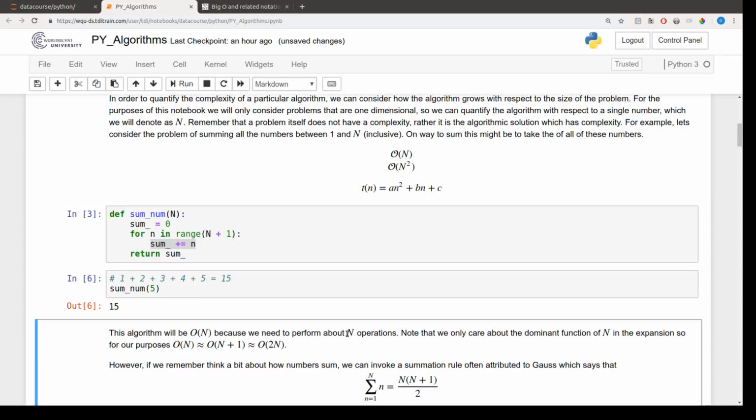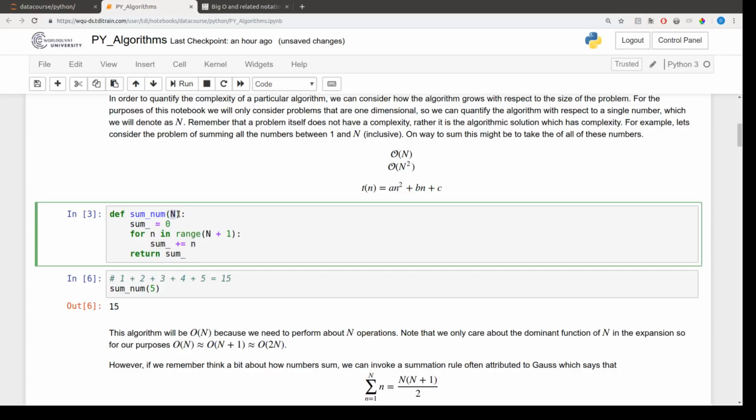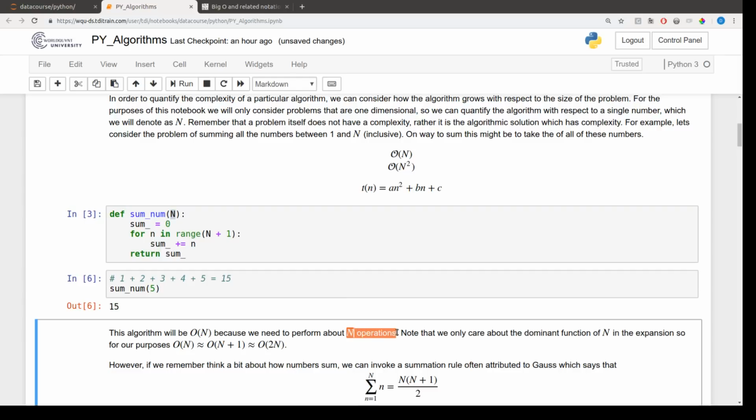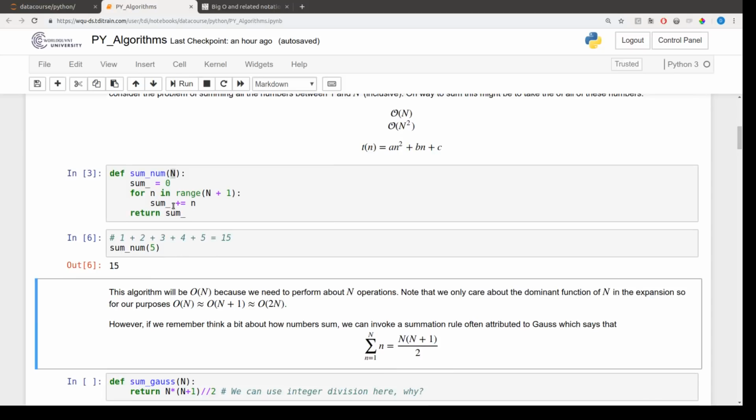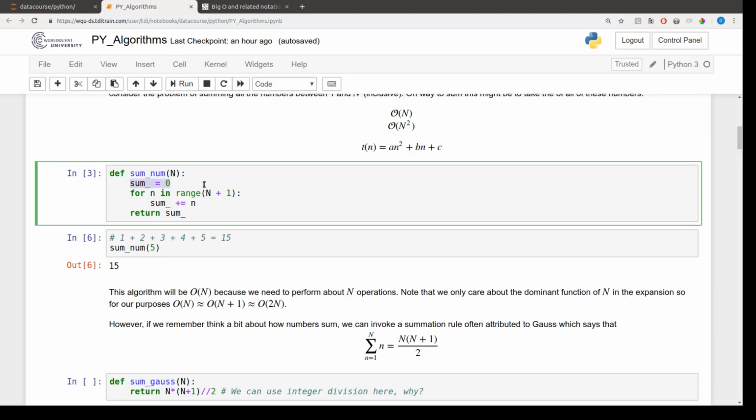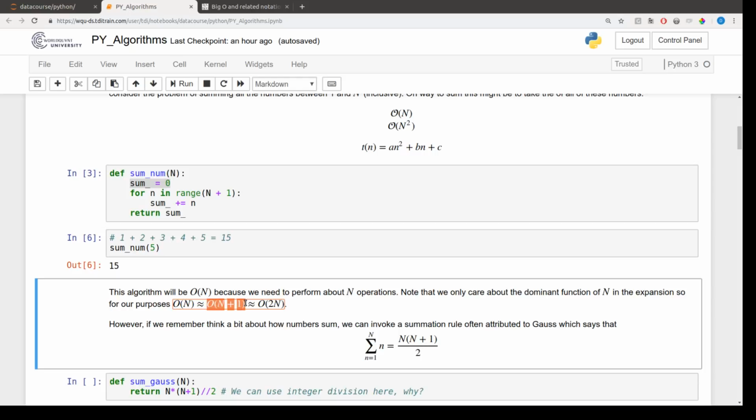We need to perform about n operations. This n, it's the same n. So as n gets bigger and bigger, we perform proportionally more operations. Linearly proportional more operations. And as I mentioned earlier when I was talking about this kind of mathematical function, even though we have an additional operation here, so we're really talking about n plus 1, we don't care about this 1 because n will in general be quite a bit larger than 1.